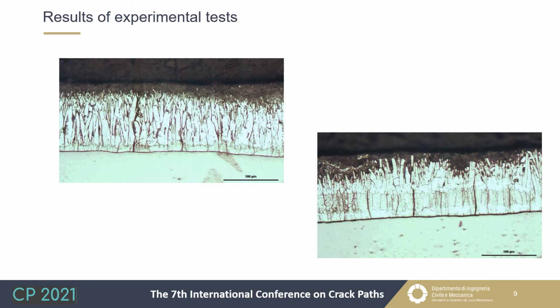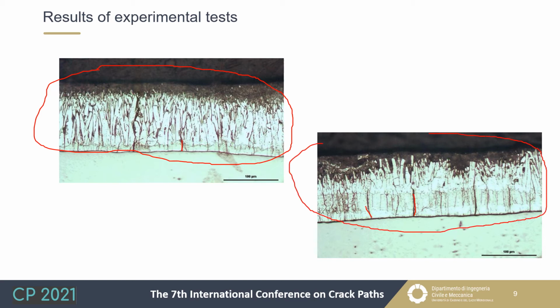In terms of damage, you can see the presence of radial cracks in the delta phase. In this case, we can see the section of the coating obtained by a pure zinc bath at 180 seconds, and this one is the section of the coating obtained at 900 seconds of dipping time.